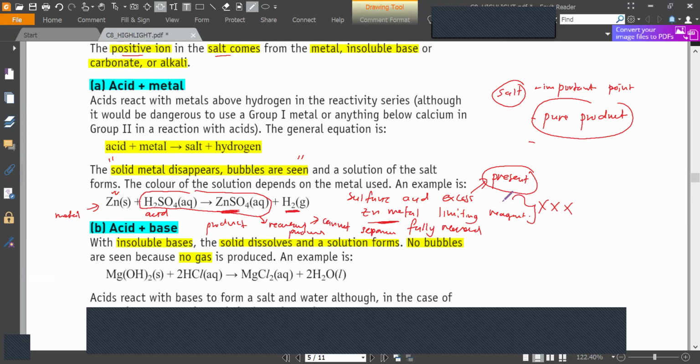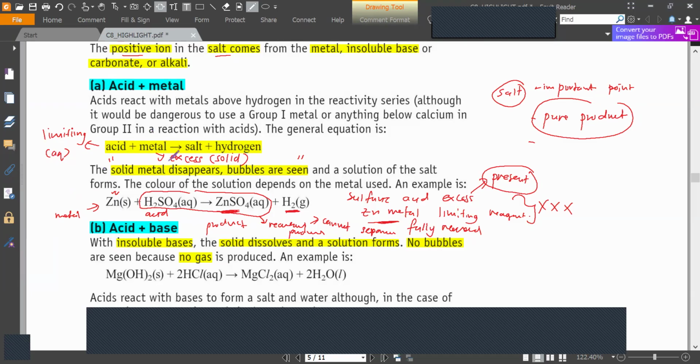For this kind of reaction, the metal will always be in excess, because it is solid. The acid will be the limiting reagent, because it is dissolved in water, aqueous.